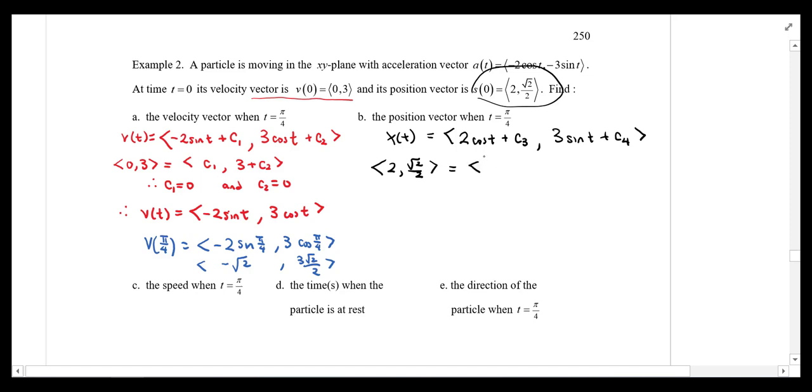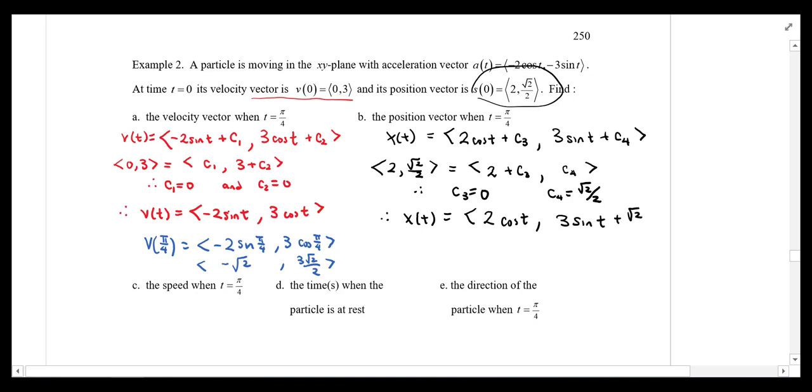Which would be what? 2 times cos of 0, that would be 2 plus c3, and then 0 over here would just be c sub 4. So therefore, c sub 3 is 0, and c sub 4 is not. It's root 2 over 2. So therefore, x of t in component form is just 2 cos t for the x component, and 3 sine t plus root 2 over 2 for the y component of position.